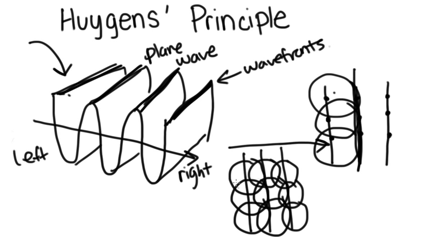So what does this tell us? This tells us that plane waves are actually the superposition of many, many, many, many spherical waves. And this is how Huygens principle can be applied to plane waves.